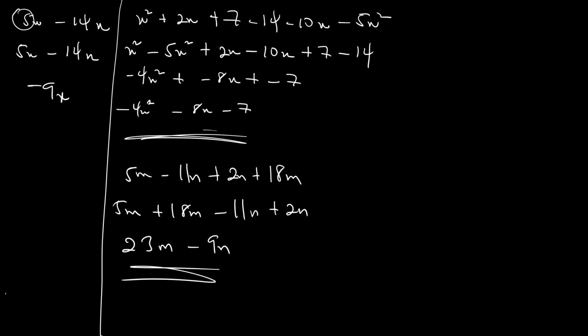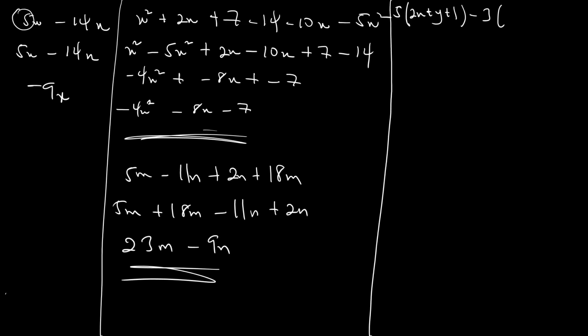And with the last example, if you are to simplify 5 times the bracket 2x plus y plus 1, then minus 3 times the bracket x minus 2y. Okay, so with this we need to multiply through by the numbers outside the bracket.